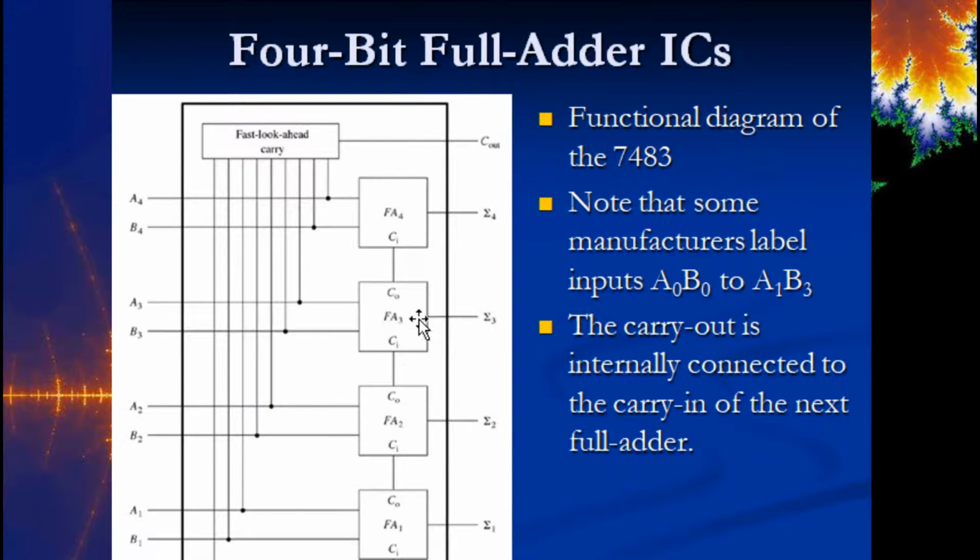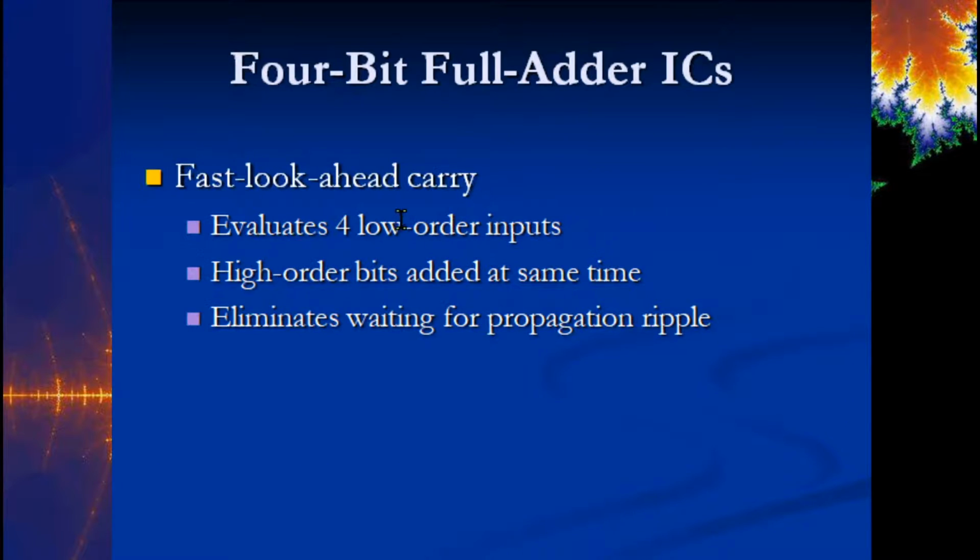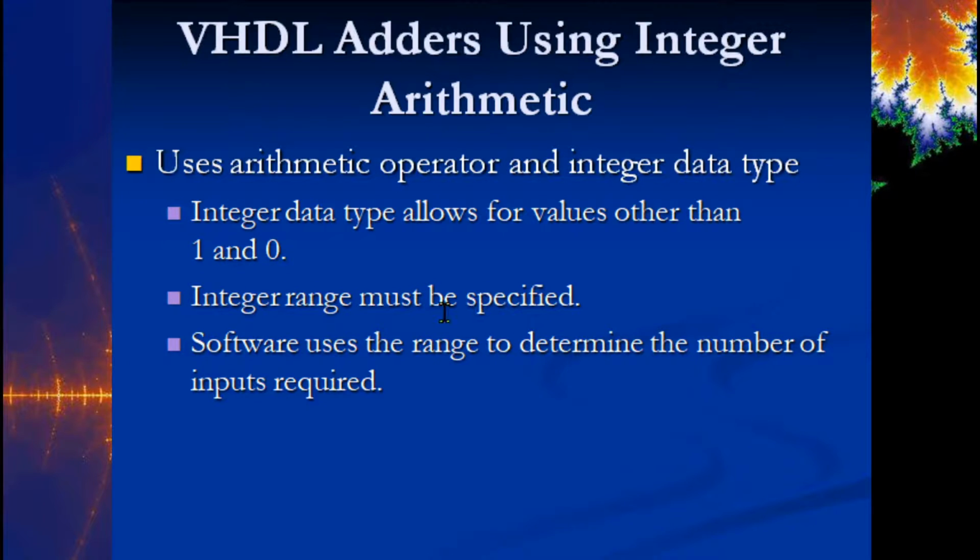Before anything reaches these adders, we have this fast look-ahead carry that gets a map of what's going to be displayed, and it saves a little bit of time, okay? So it evaluates the 4 low-order inputs, adds the high-order bits at the same time, and eliminates waiting for the propagation delay, the propagation ripple.